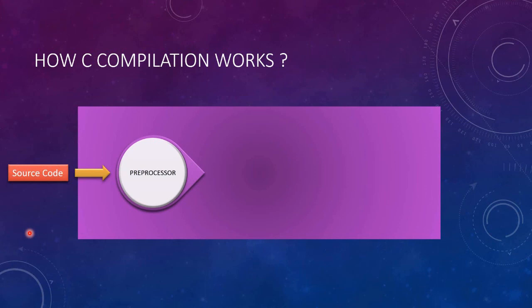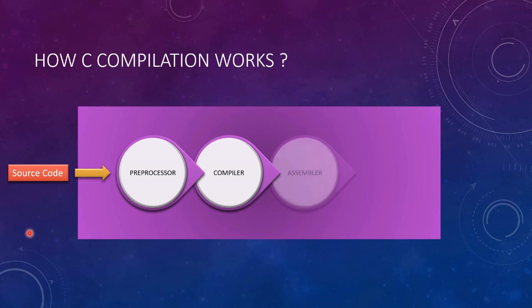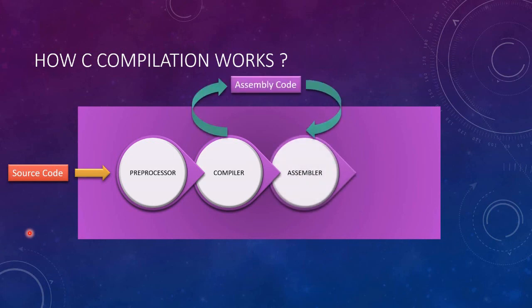The preprocessor will convert the source code somewhat and send it to the compiler. The compiler converts the source code into assembly code and sends it to the assembler. The source code is understandable by human beings, and the assembly code is understandable by the machine.